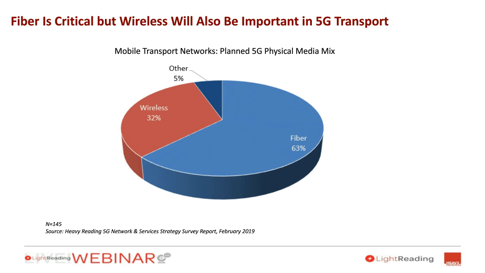But in the survey, as this chart shows, when we asked the operators to identify the expected physical media mix for their coming 5G networks, so these are their planned networks, we got an interesting picture, which is, yes, fiber does dominate the expected transport network connectivity, with 63% in this survey question, but nearly a third are actually expecting wireless connectivity, not fiber, to meet those transport requirements.